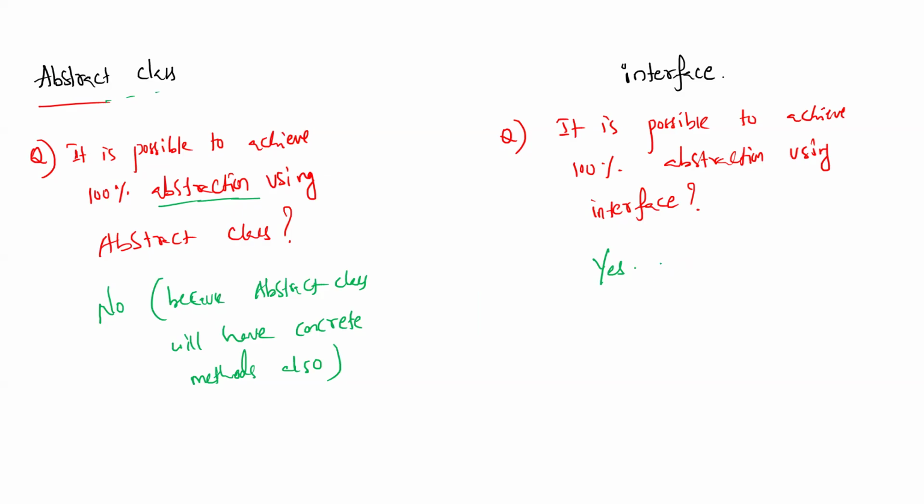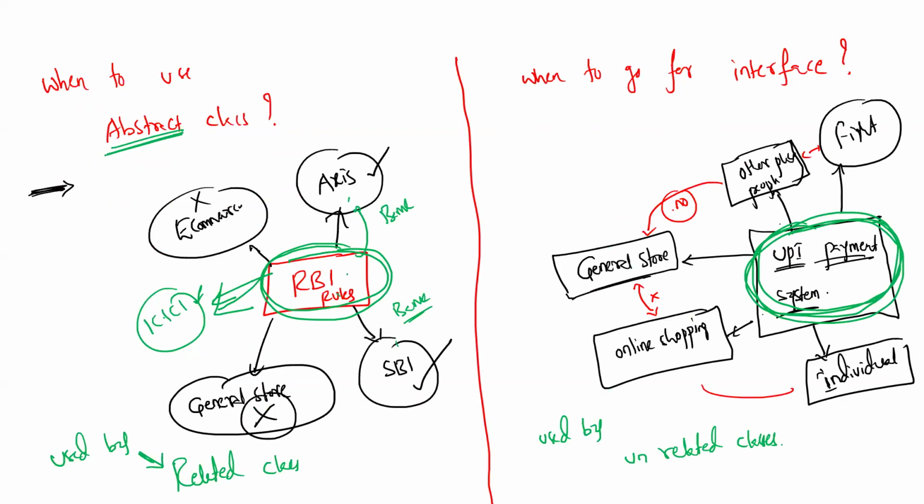Then an abstract class can have normal variables and methods, but an interface will have only final variables and abstract methods. Abstract class can have a constructor. Do you remember? You have written some code also. Object class will have constructors. Will an interface have a constructor?